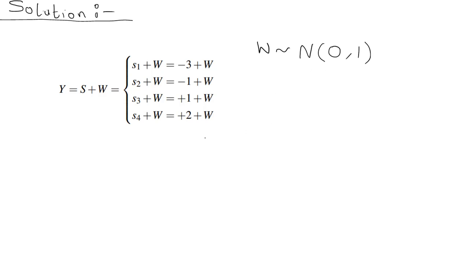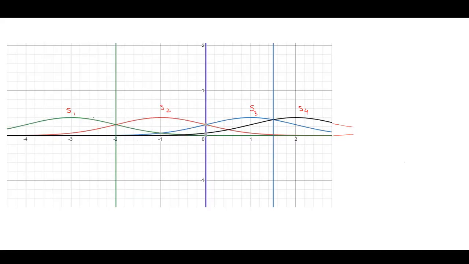Now we will look at how the received symbols look. All of them are identical Gaussians with unit variance but shifted means. S1 is centered at -3, S2 is centered at -1, S3 at +1 and S4 at +2.